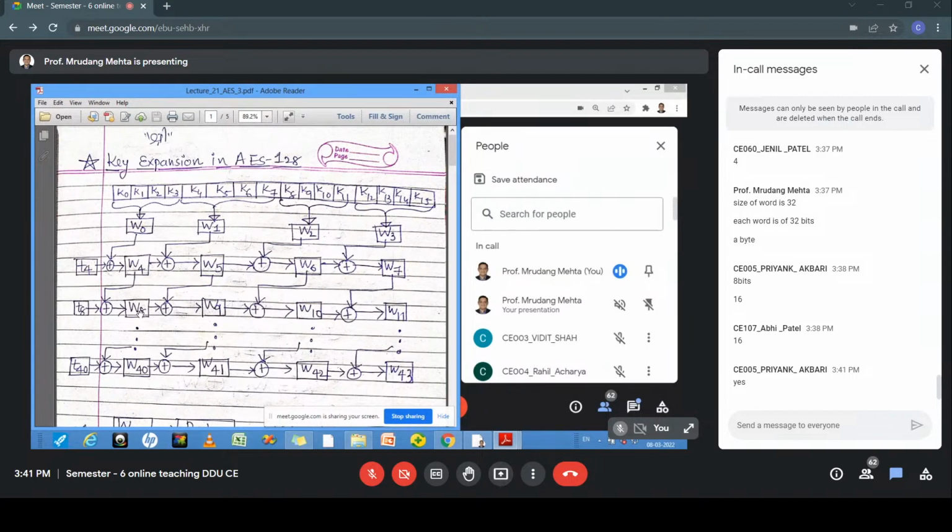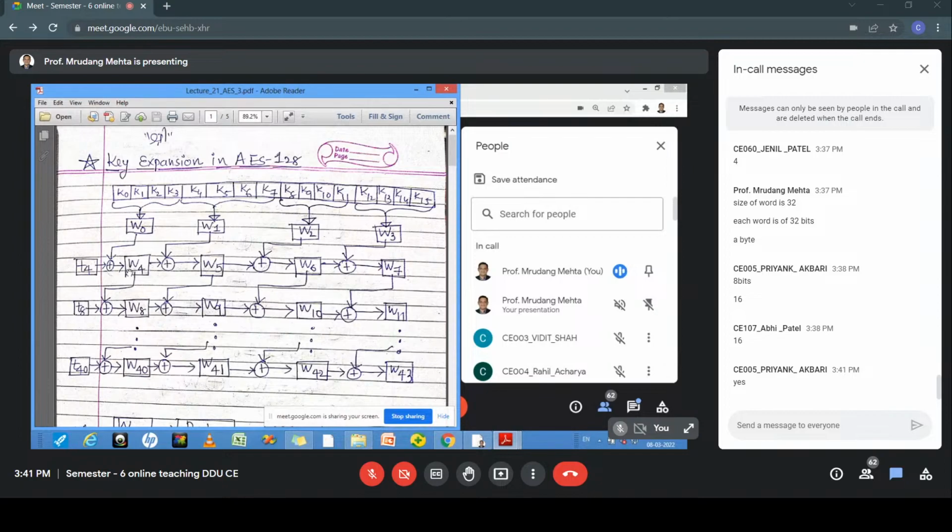W8. Suppose we take W8. Then W8 is different. Here, its previous W is not available, so we have a different block here, which is called T8. So if you look at W5, W6, W7, W9, W10, W11, W41, W42, W43, each block is dependent on two previous words.